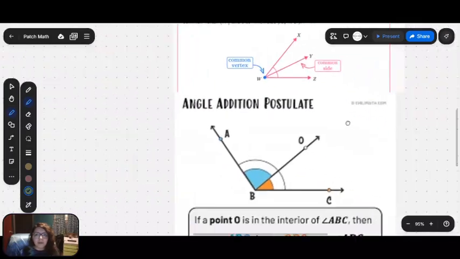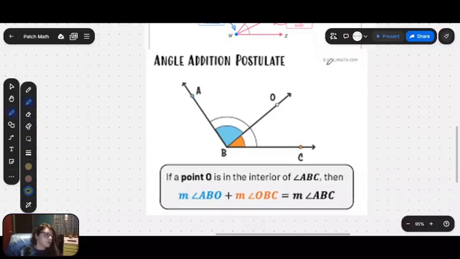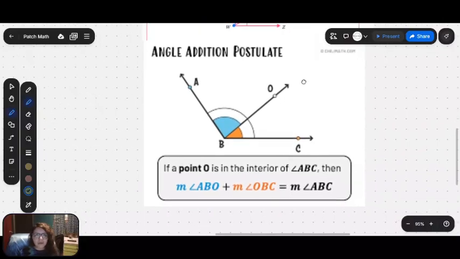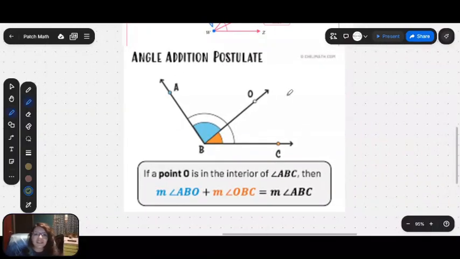If you have your geometry definitions, theorems, postulates, and properties bank, you're going to go down to the postulate section and you're going to see a postulate. Sorry, this infographic is blurry. I pulled it off from a resource and it didn't come out right.